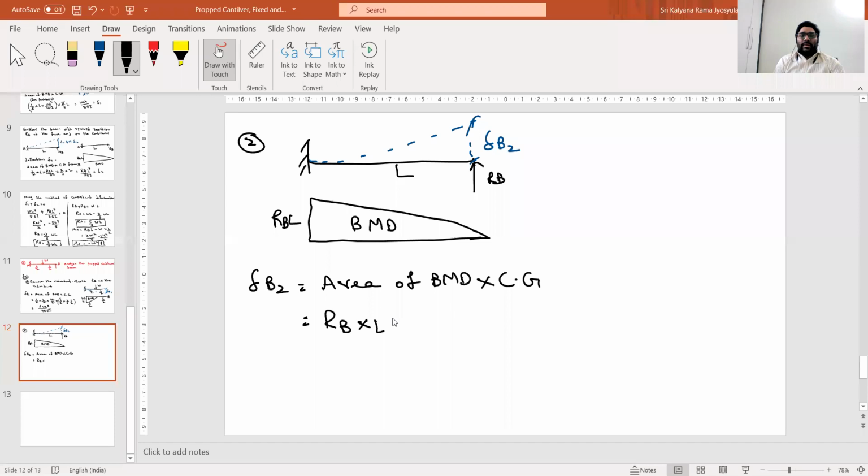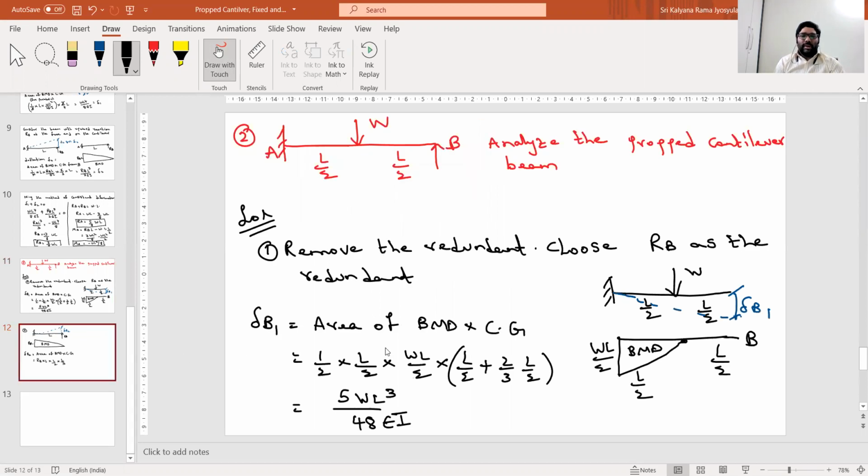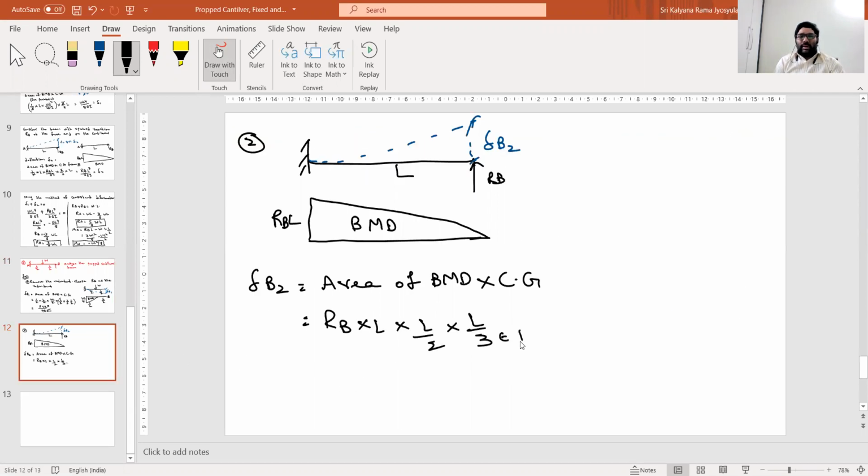So RB into L, into L by 2, into the centroidal distance L by 3. Here also we use the same concept, EI. So that is equal to RB L cube by 3EI.